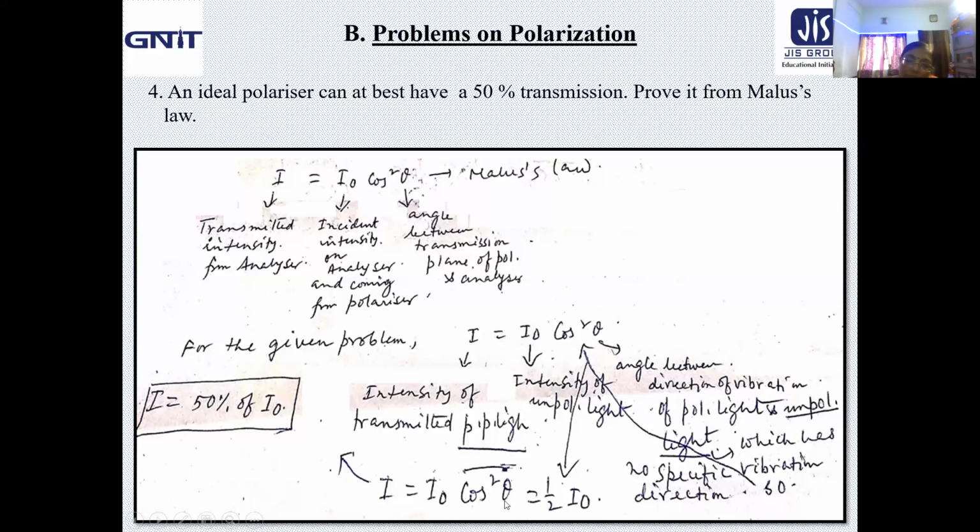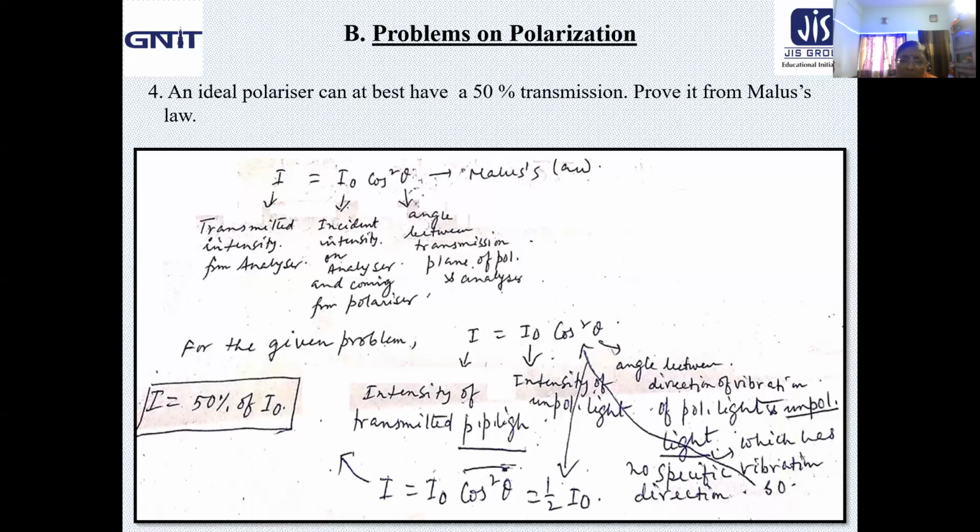Maximum value of cos square theta equals 1. Minimum value of cos square theta equals 0. So what about cos square theta average? 1 plus 0 by 2, that is half. So we are getting I equal to half I0. So the intensity of transmitted plane polarized light is half of I0, means it is 50% of I0, where I0 is the intensity of unpolarized light.